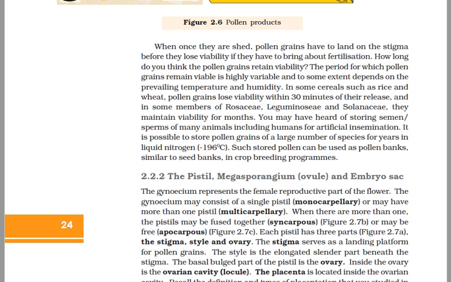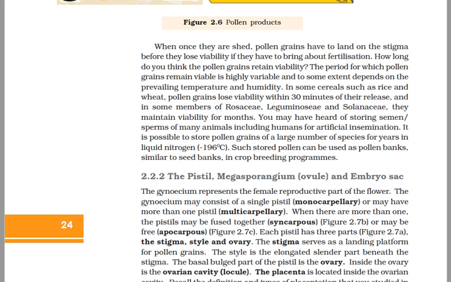Now, when more than one pistil is present, it can be in a fused state or it can be in a free state. This also you have learnt in your class 11th. Now, when the pistil is fused, it is termed as syncarpous state, and when the pistil is free, it is termed as apocarpous state.